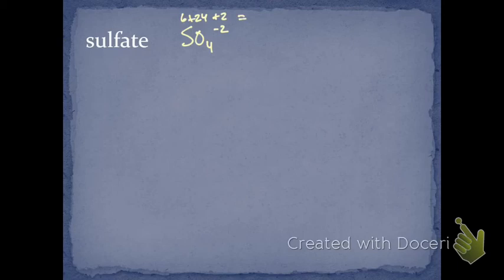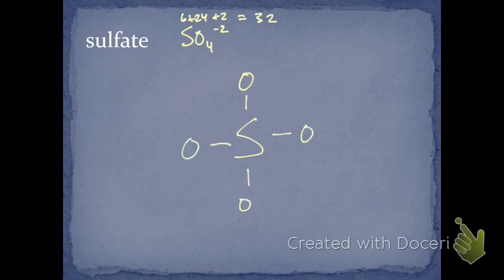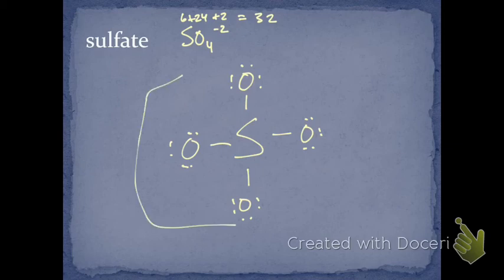So this would give me 32. All right, so 2, 4, 6, 8, 10, 12, 14, 16, 18, 20, 24. So this is actually 32 right here, right? And the whole thing is -2.